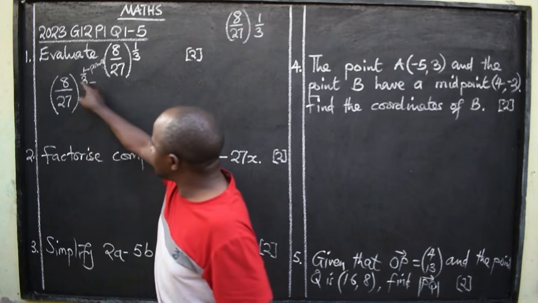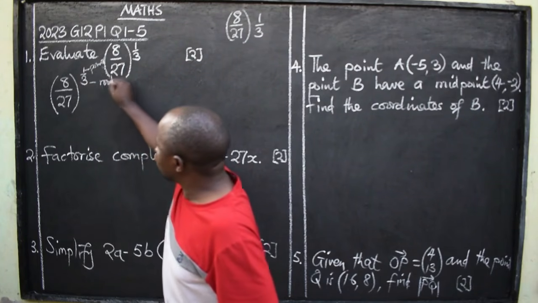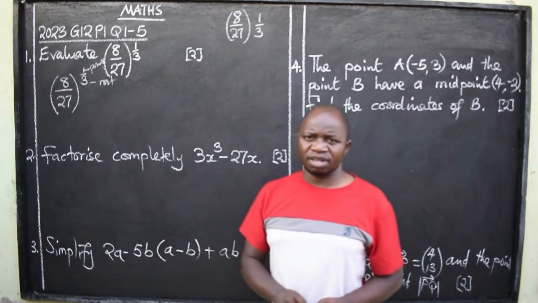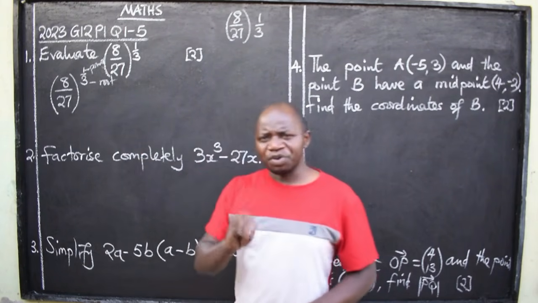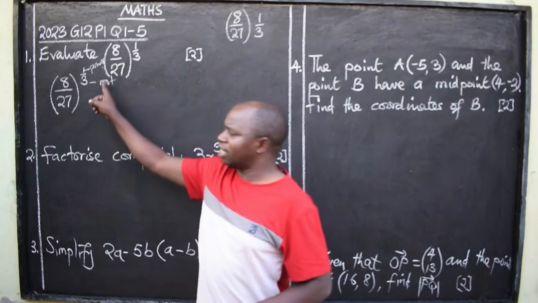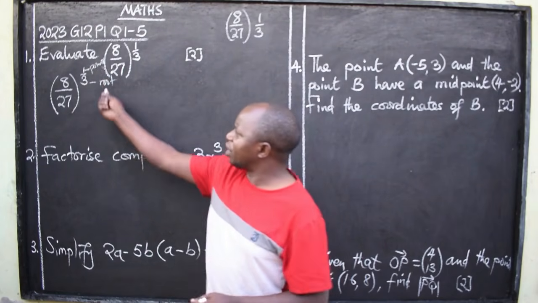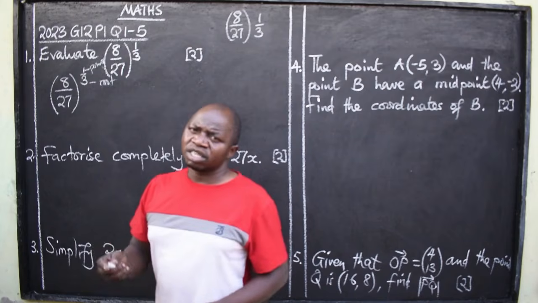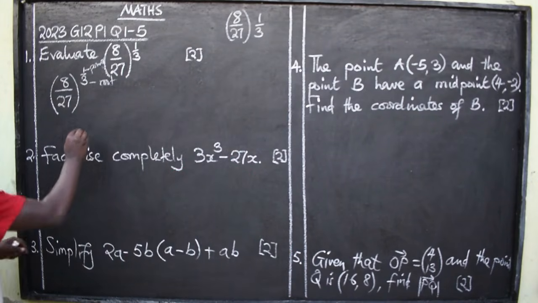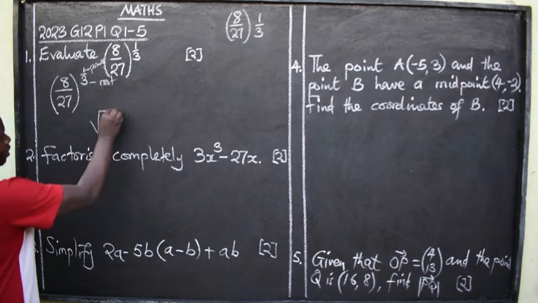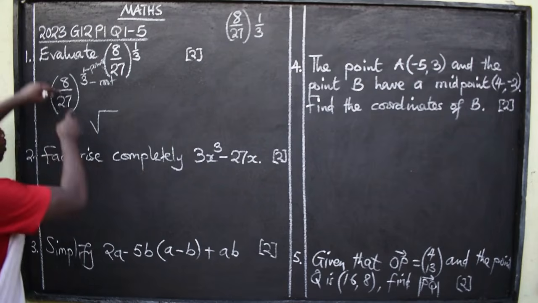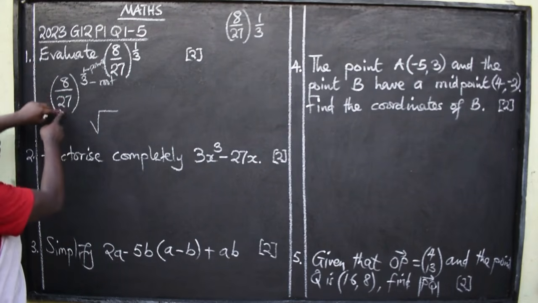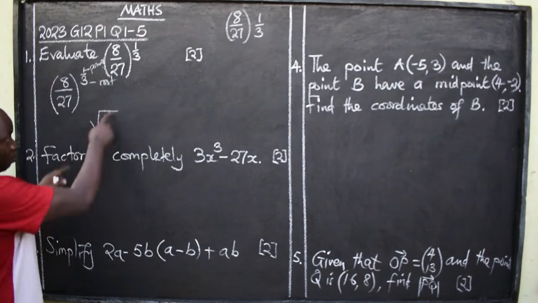Then the denominator is the root. You label it like that. Power, root. In mathematics, when we talk about root, we are talking about this symbol. So this 8 over 27 is inside the root.